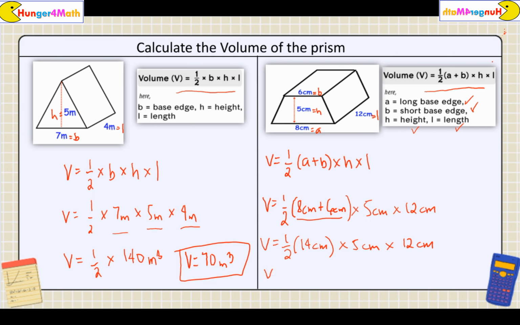So volume is equal to 7 centimeter times 5 centimeter times 12 centimeter. Then we're going to multiply them all. So 7 times 5 times 12 is 420, and cm times cm times cm is cm cube. So for this trapezoidal prism, the volume is equal to 420 cm cube.